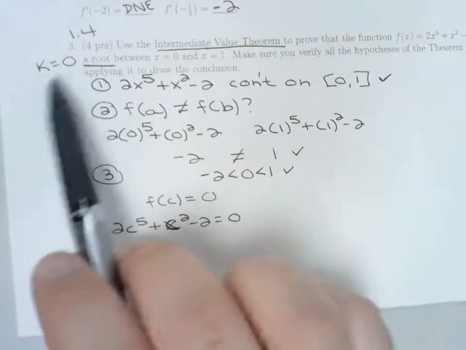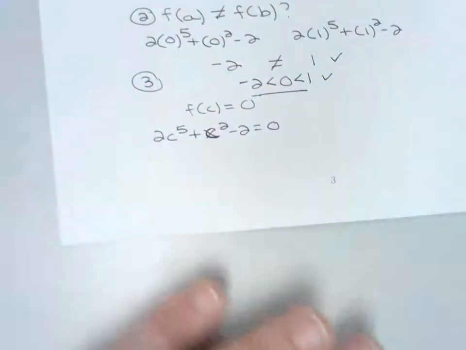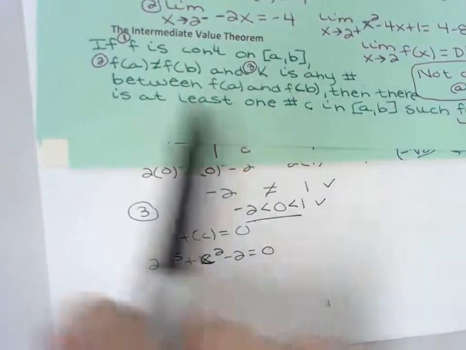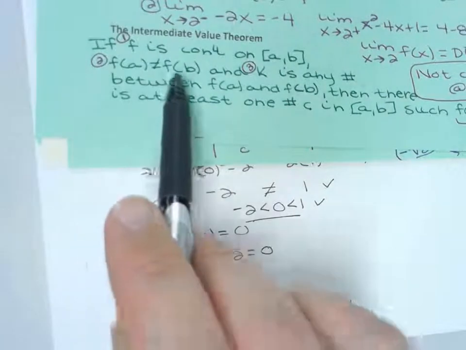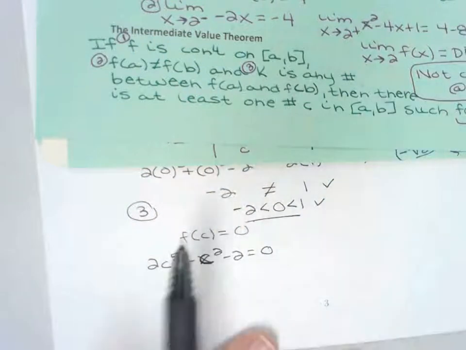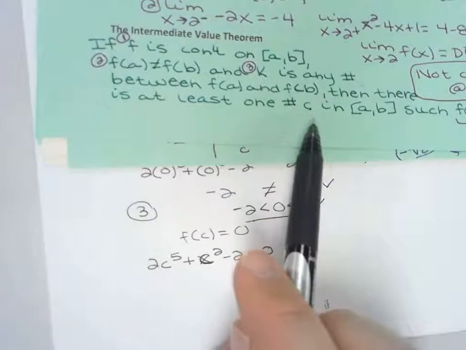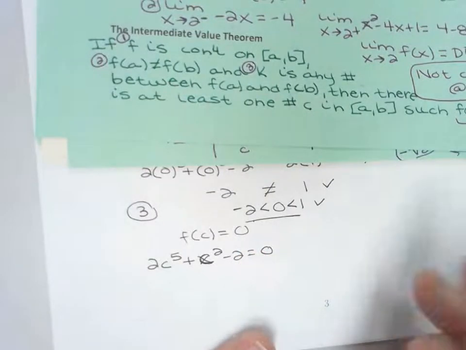We prove that it has a root because that k value is between f of a and f of b. If you read the intermediate value theorem, it says if f is continuous, we're good. F of a is not equal to f of b, we're good. K is any number between f of a and f of b, we're good. 0 is between negative 2 and 1. Then I know for sure that there is a number c such that f of c equals 0.